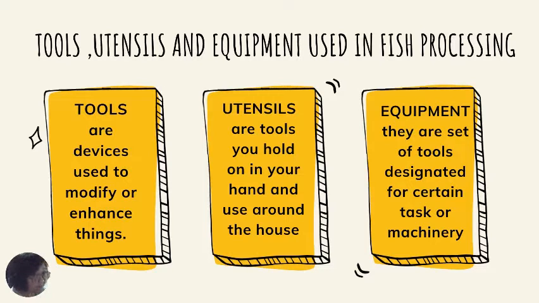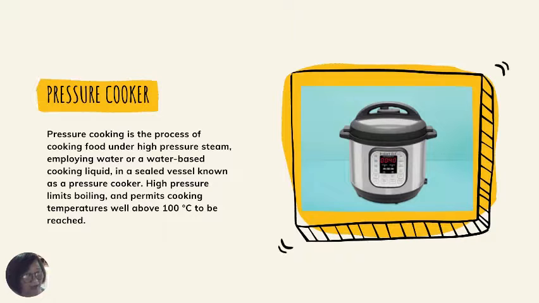Equipment is a set of tools designated for certain tasks or machinery. Usually, equipments are powered by electricity. Okay? Understand? Now, here are the equipments, the tools, and utensils used in fish processing.